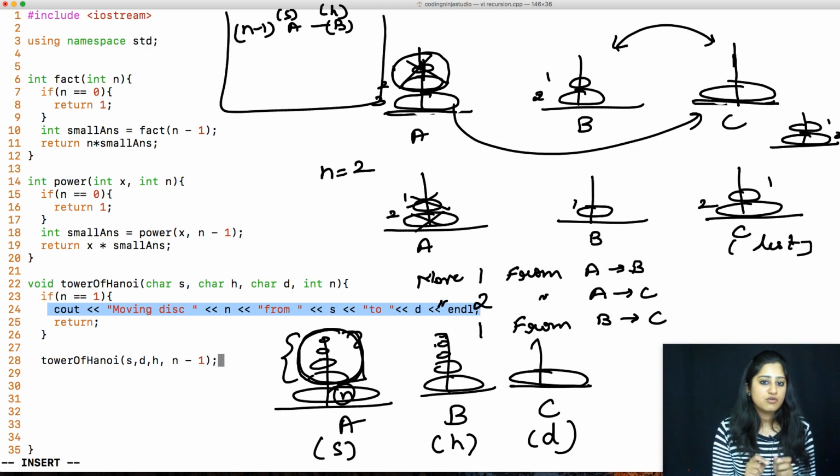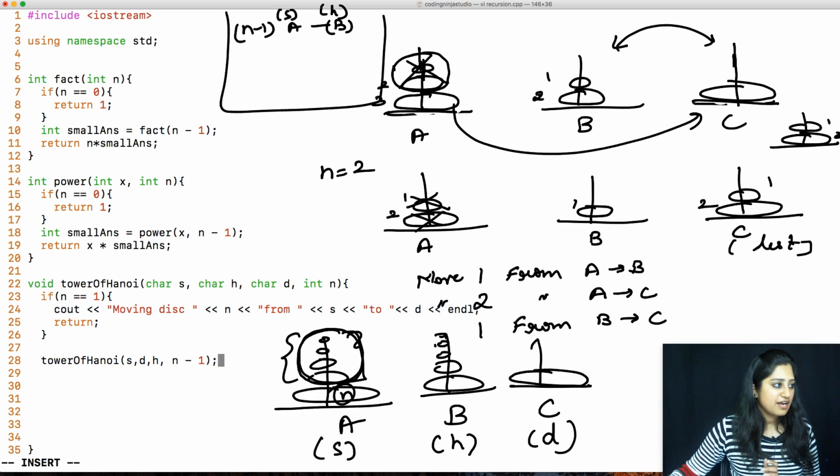The character of source rod was A, the character of destination rod is C. So I am just moving this disk from A to C. And after that I am writing a return here, because for one disk this is the only step that I have to perform. I have already written that step, so I am done in case there is only one disk with me.